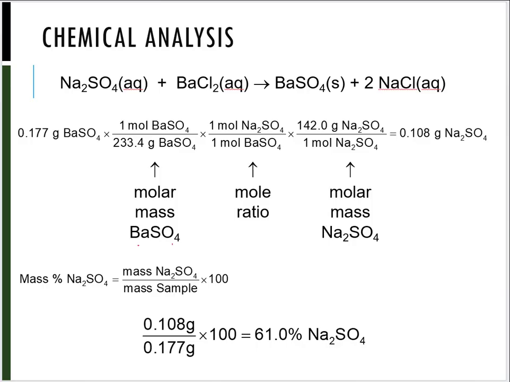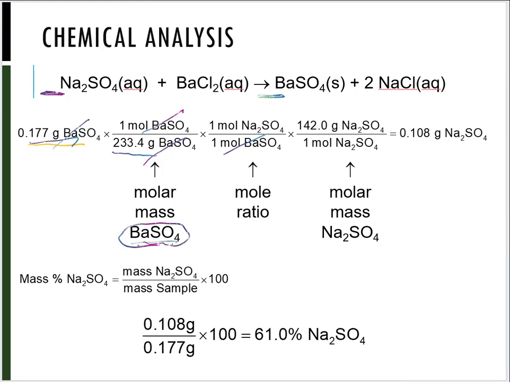So let's do that. I'm going to start with my final product here. Grams of barium sulfate, the molar mass of 1 barium, 1 sulfur, and 4 oxygens is 233.4. So again, make sure that our units are diagonal, grams and grams. And that's for every 1 mole of barium sulfate. My mole to mole ratio of barium sulfate to sodium sulfate is a 1 to 1 ratio.